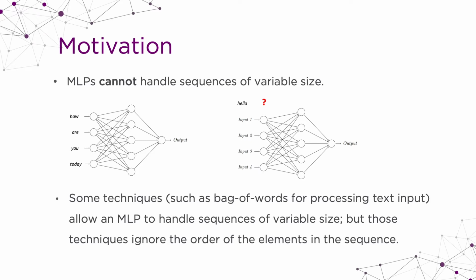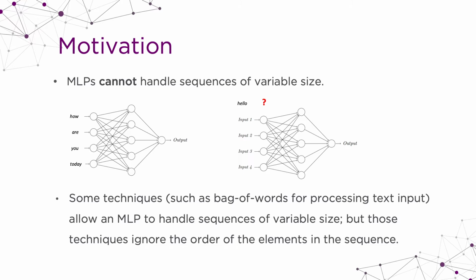But actually, there are some techniques to make it work. Here I'll mention one, the bag of words. We will go into more detail about this in the third presentation, the natural language processing one. This technique allows a sequence with variable size to be represented as an input with fixed size, so it will work with the MLP.